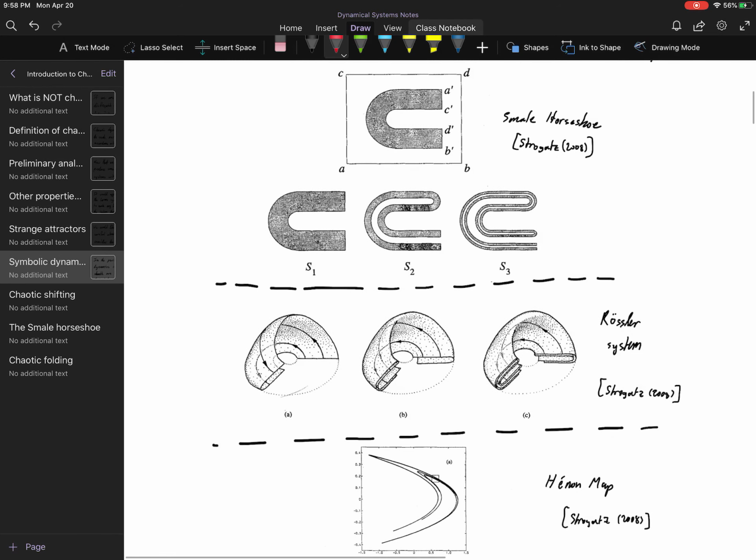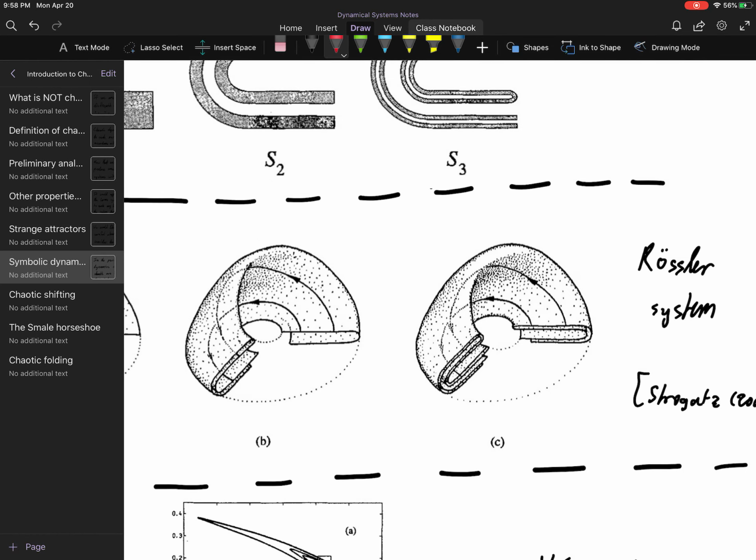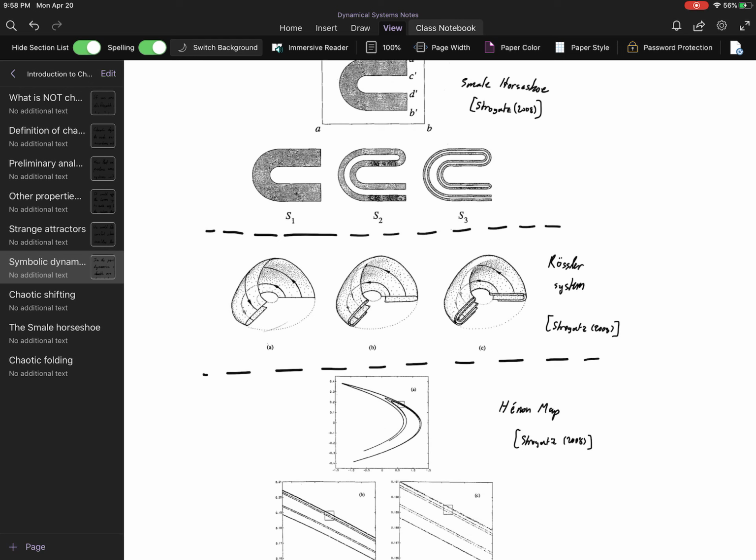And not only do we see it in this contrived Smale horseshoe, we see this in something called the Rössler system, which is very closely related to the Lorenz system. But we notice that there's this nice folding and doubling that keeps occurring as we continue around and around on that map.